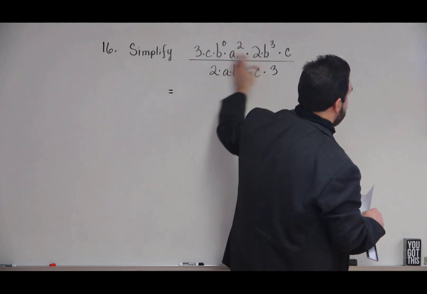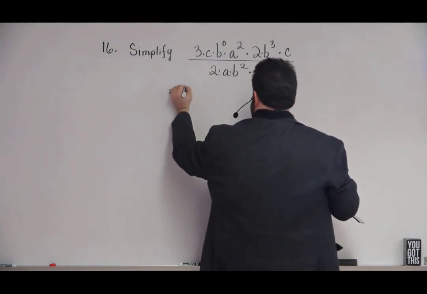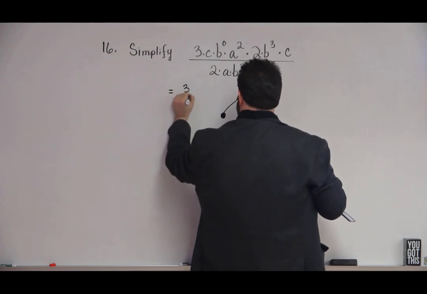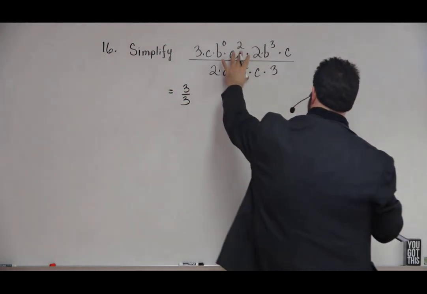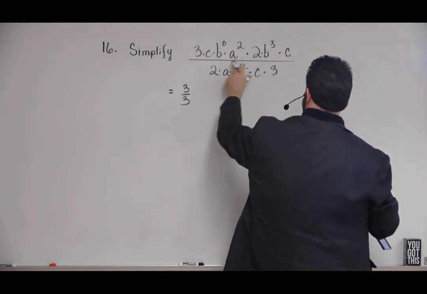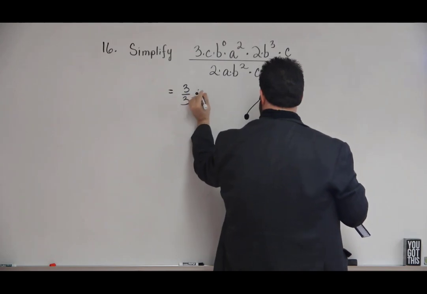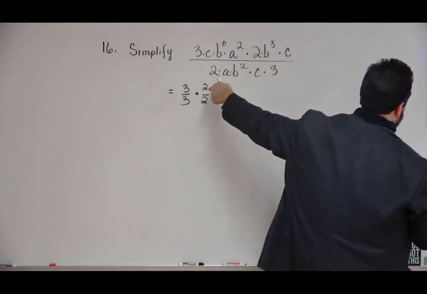So I can reorder this however I choose to. Well, I choose to reorder this like this, 3/3. Remember, bite-sized chunks. We're not going to eat this whole elephant all at once. So now I took care of the 3's. Now see these 2's here? 3/3 times 2/2. Now I took care of the 2's.